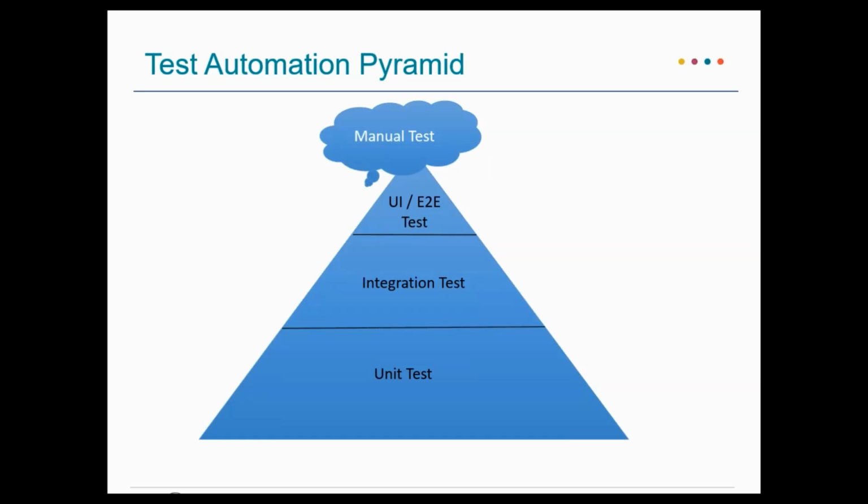We need to define that. So this whole test automation pyramid gives us a feel of what our test strategy should be, how our tests should look, and who will be the actors in that case. So who are going to write those test cases and at what level.